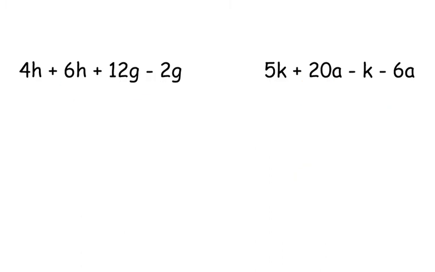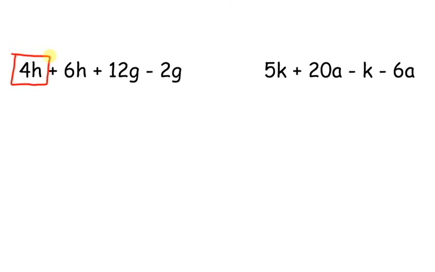Okay, let's get a little bit more complicated here. Now, you're going to see I have an h with no exponent, an h with no exponent, a g with no exponent, and another g with no exponent. So I have two different variables, and I need to take them one at a time. So, again, I like to use shapes.